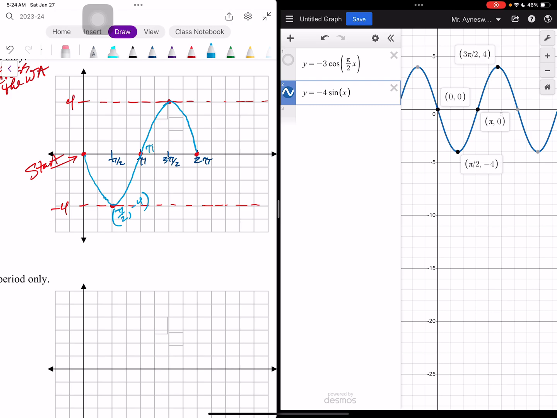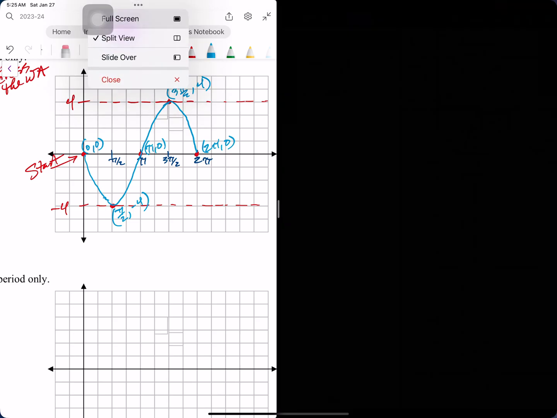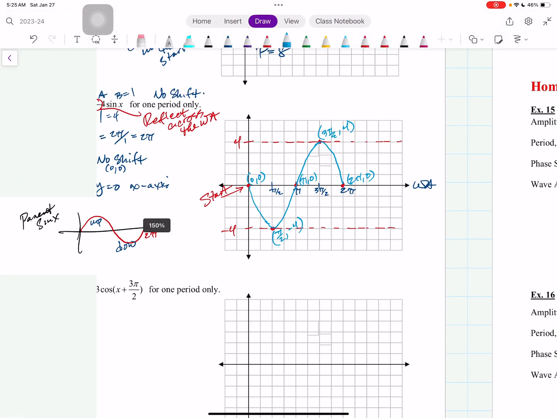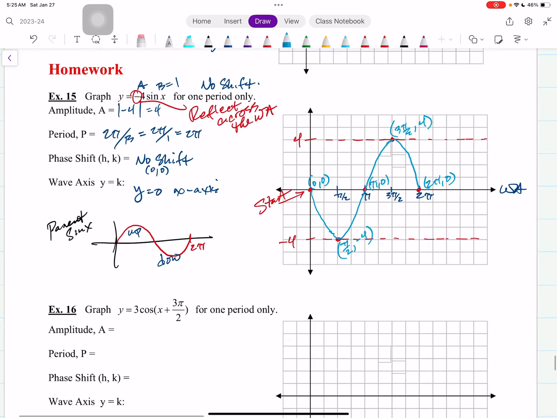We're at pi comma 0, and 3 halves pi comma 4, and then back at 2 pi comma 0. So you can see that this is the same graph. And that's all there is to it, my friends. All you have to do is get some experience, which means you've got to do your homework and get some practice, because one example is not enough.